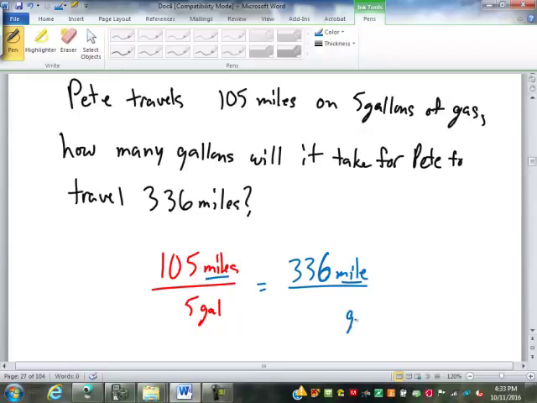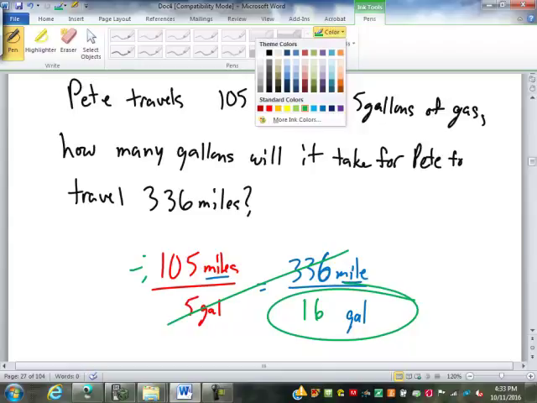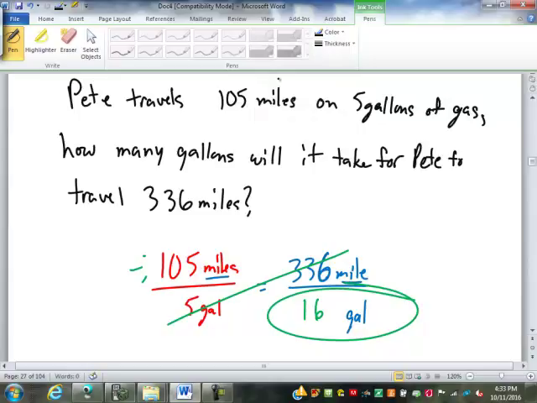So on bottom, what we're going to look for is gallons. Cross multiply and divide. 5 times 336 divided by 105 is what? 16, I believe, gallons. Any questions so far?